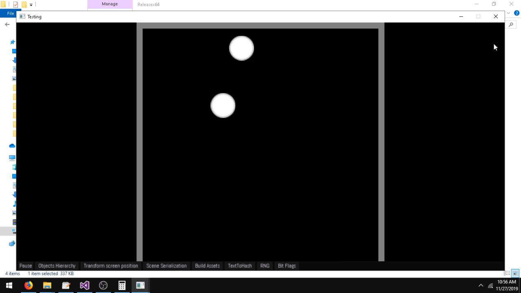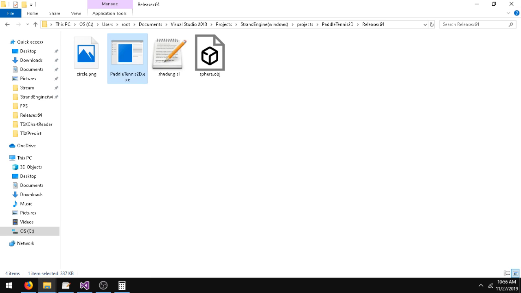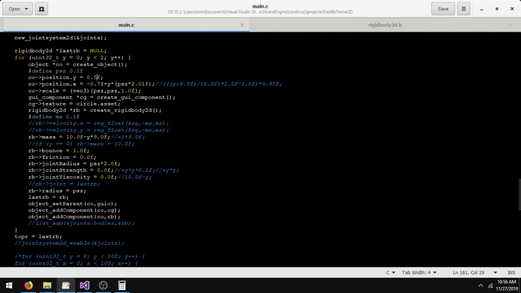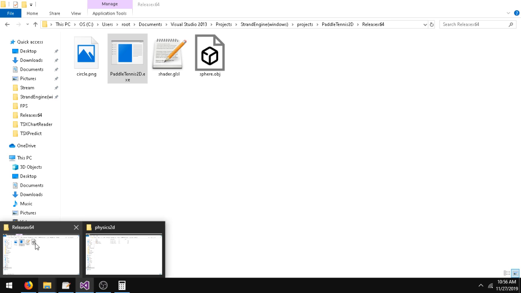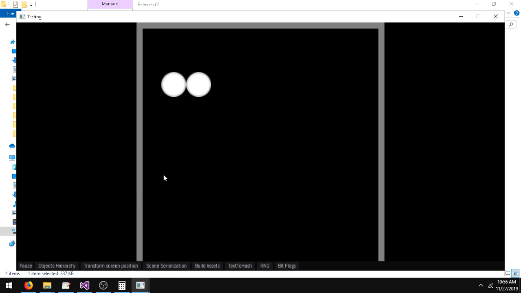If I had to guess... Okay, actually, I gotta make sure the issue is even this mass calculation. I'll make the mass the same. No, I don't think it's an issue with the mass.